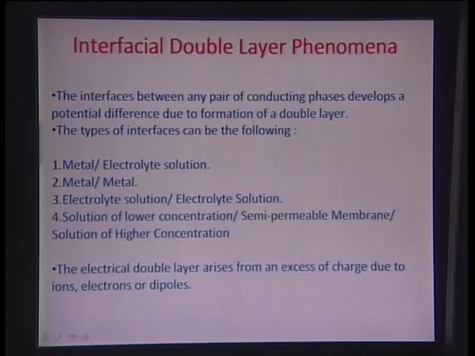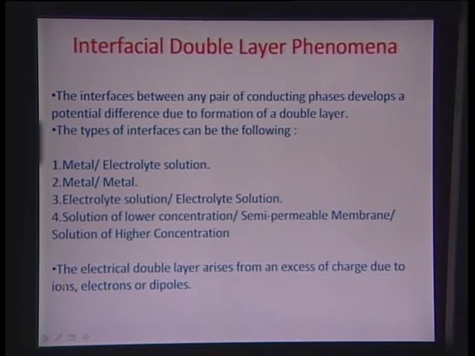So, let us look at this problem a little more closely and try to make an analytical model for it. Let us first try to find out what happens at the interface between a pair of conducting phases. The phases can be a solid electrode, two liquids, a liquid and a solid, or a solid and a solid.